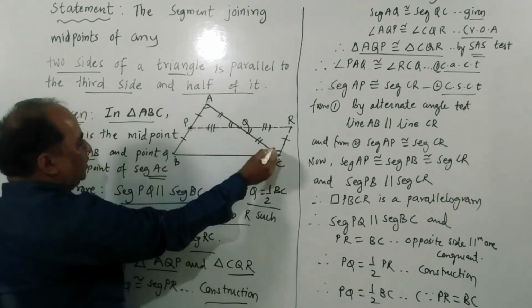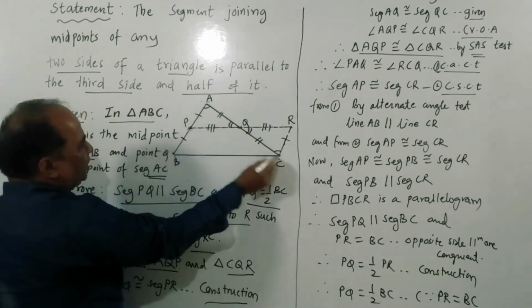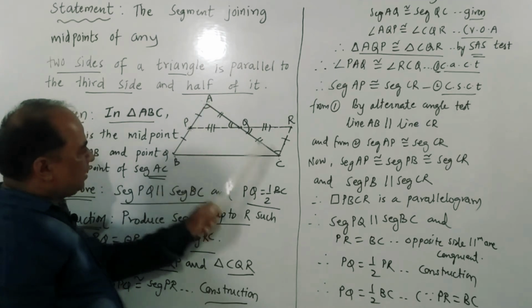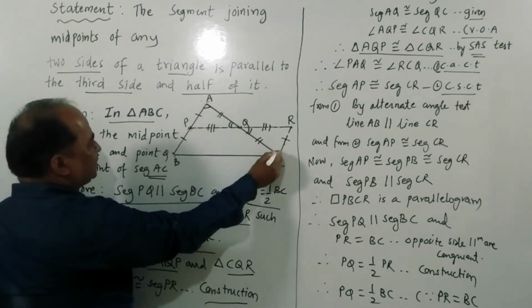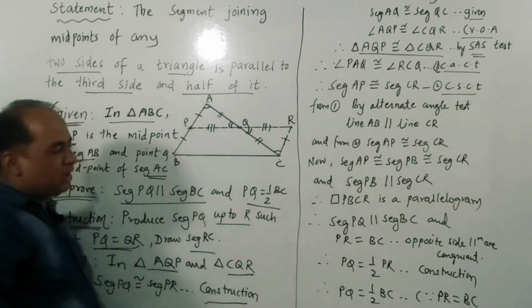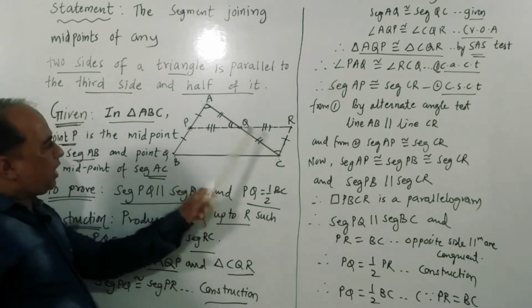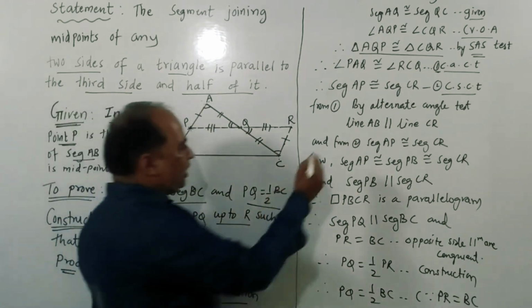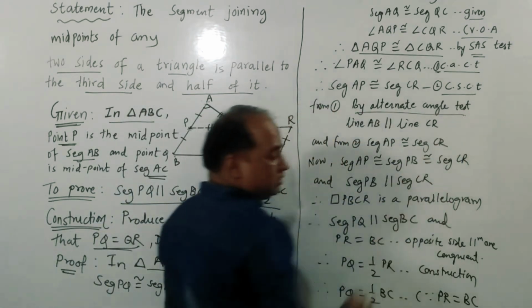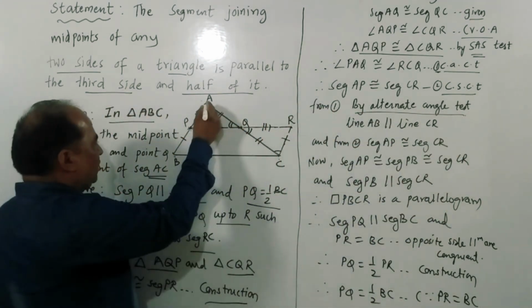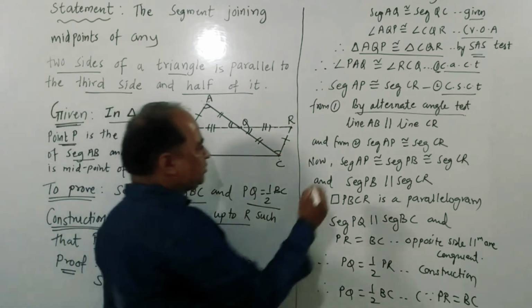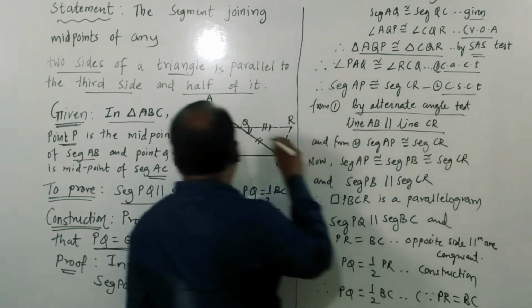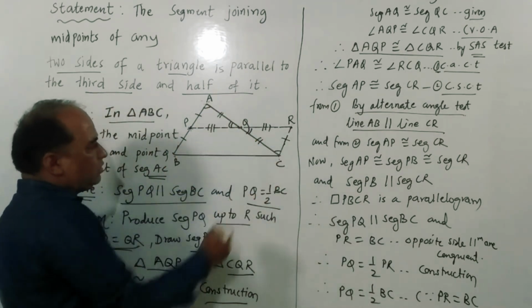If we consider AC as a transversal, then these angles are alternate angles. And if alternate angles are congruent, then by the alternate angle test, line AB is parallel to line CR. So these two lines are parallel.